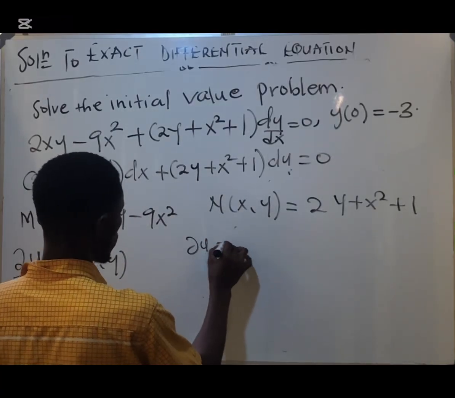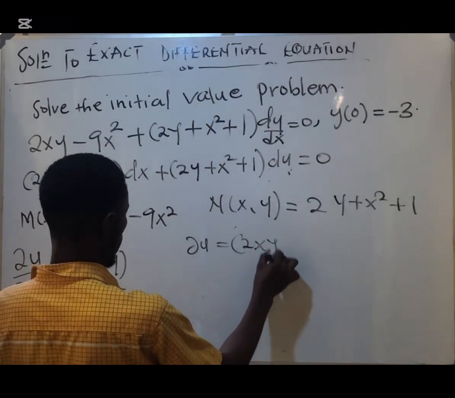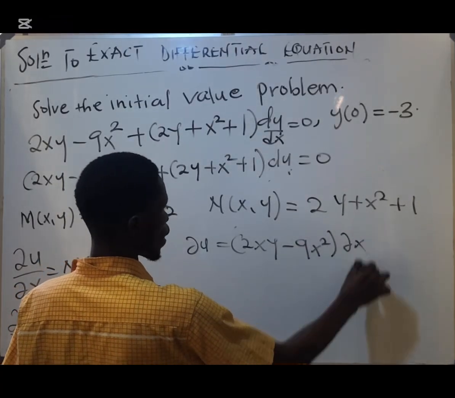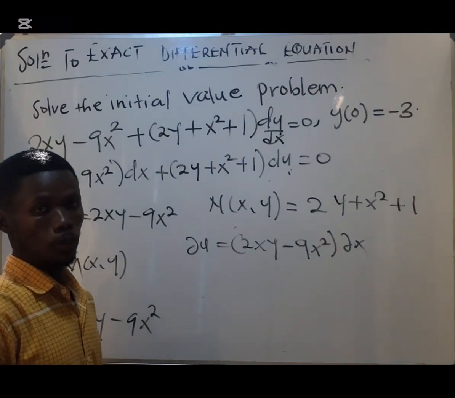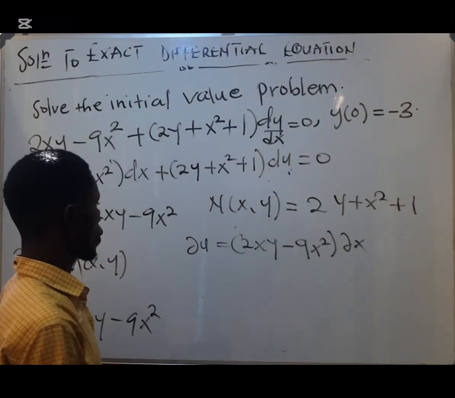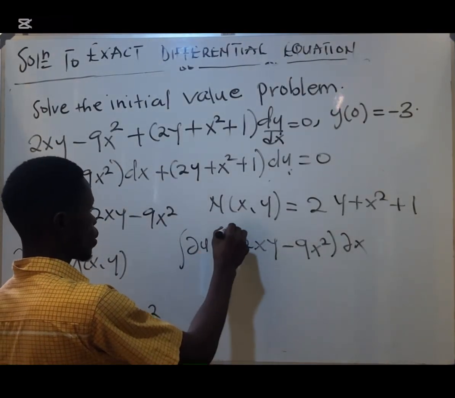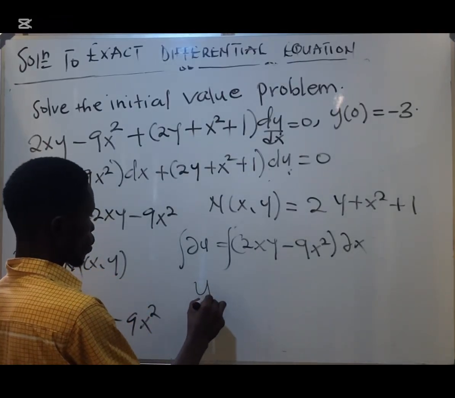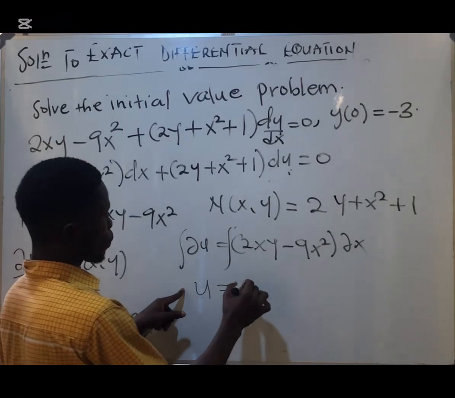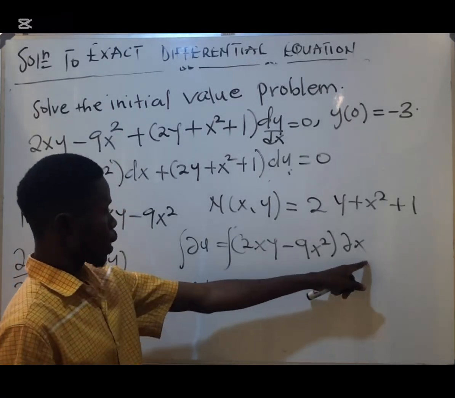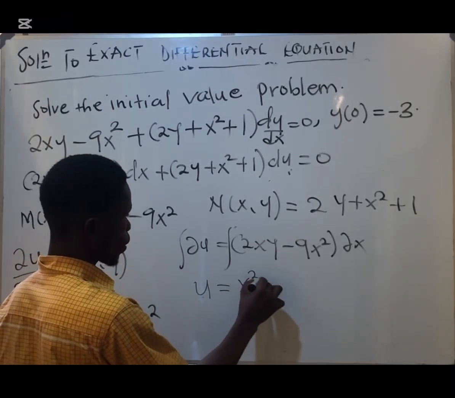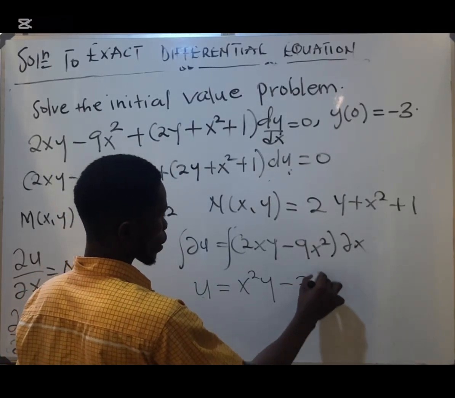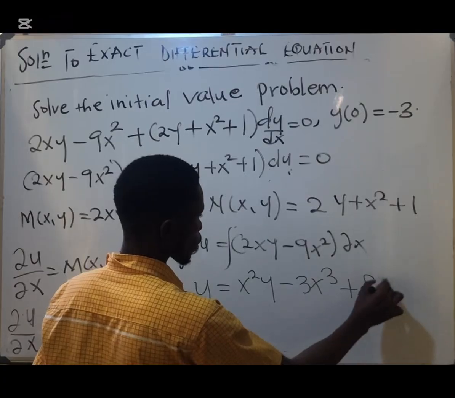Then at this point I'm going to integrate. So u is equal to, with respect to x, x squared y minus 3x cubed plus a function of y.